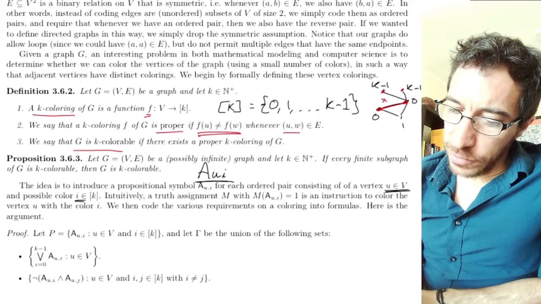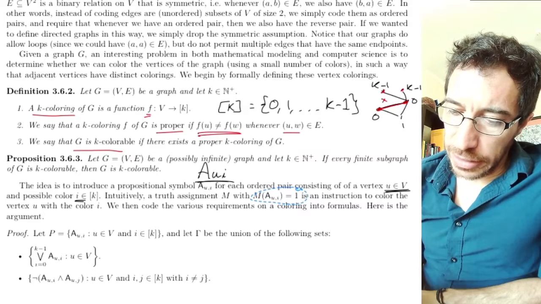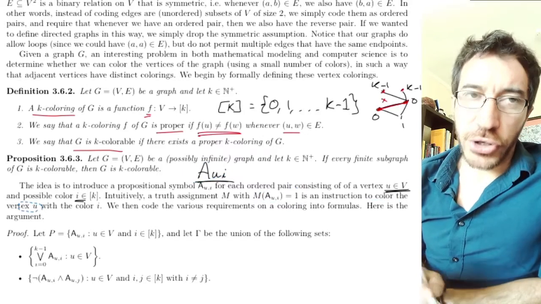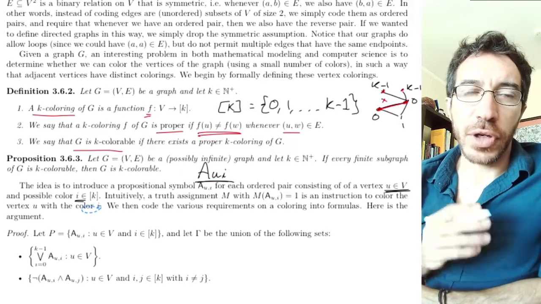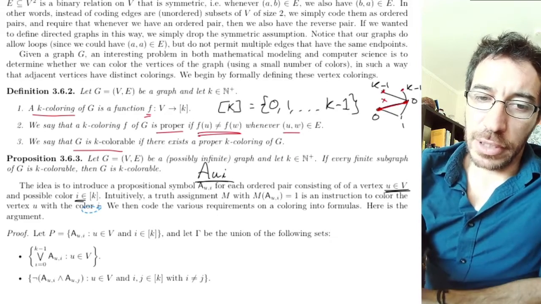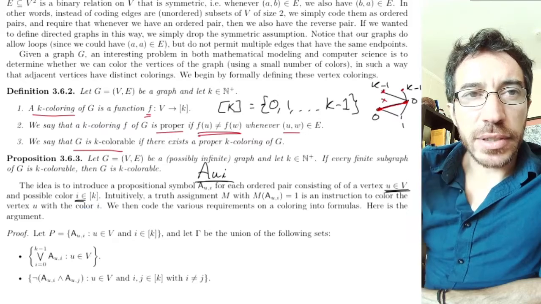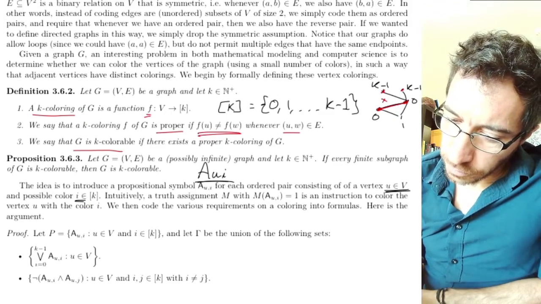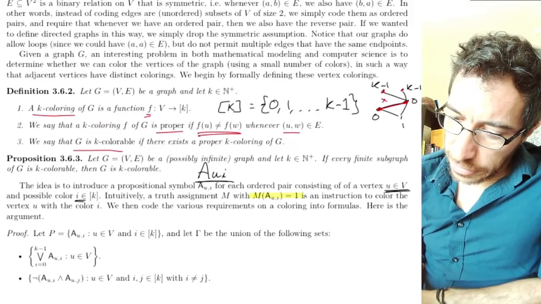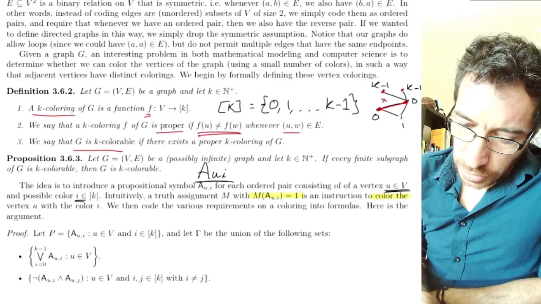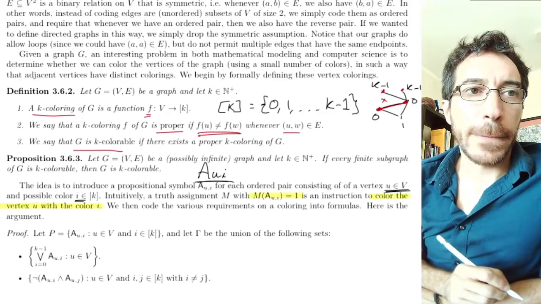So if we assign 1 to this variable A_{u,i}, that means that we are coloring vertex u with color i. Okay, so A_{u,i} means vertex u is color i. And you can write that on your piece of paper just to remember what that is, or you can highlight here: this means color vertex u with the color i.